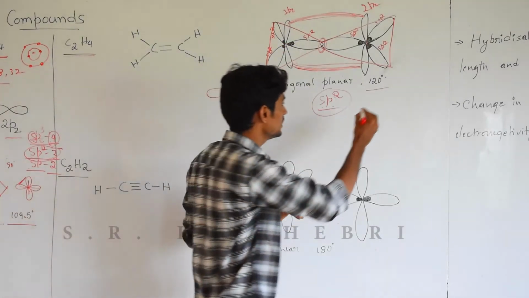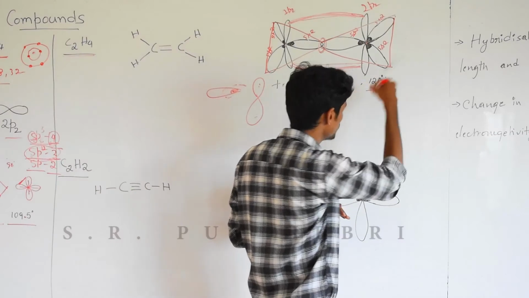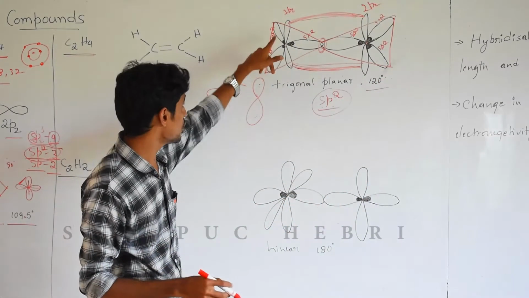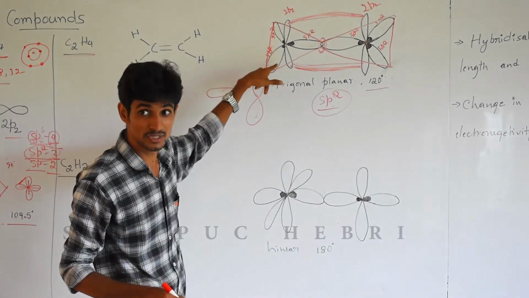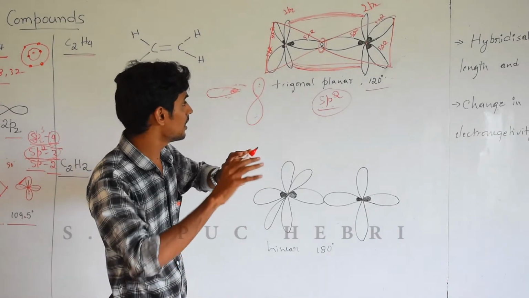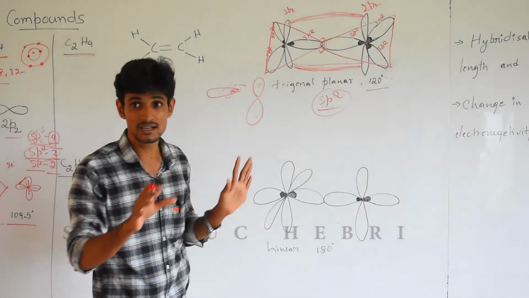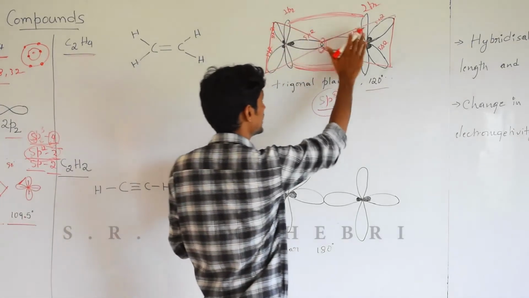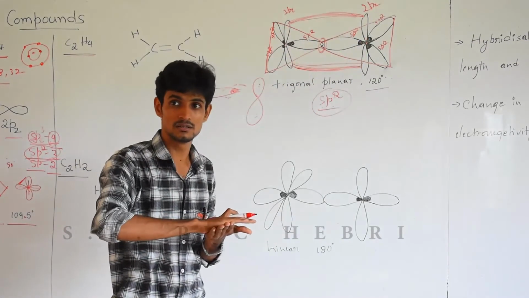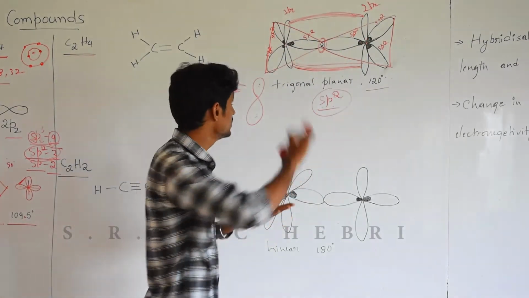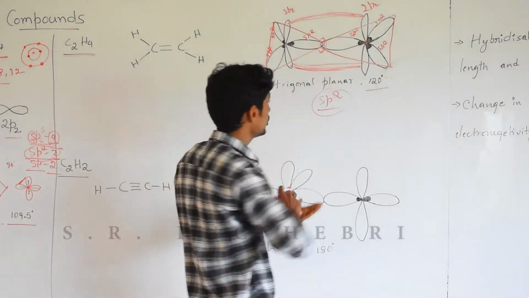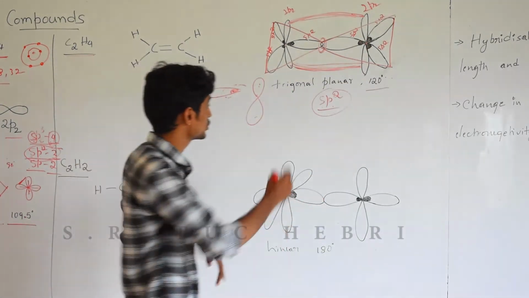If the angle is above or below this, the orbitals will be nearer to each other. That's how this forms a triangle, and both triangles are in one plane.